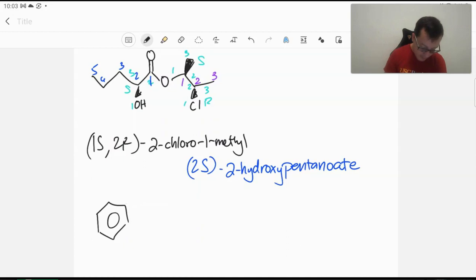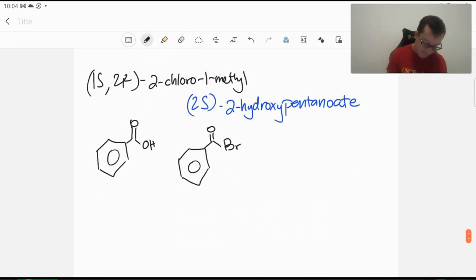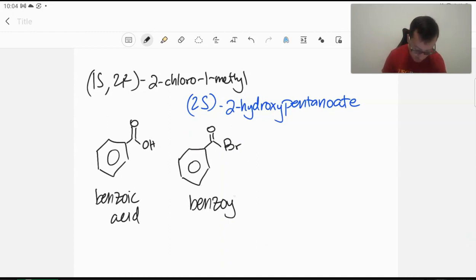Alrighty. So benzoic acid, right? This is benzoyl bromide. You've probably heard benzoyl peroxide before.